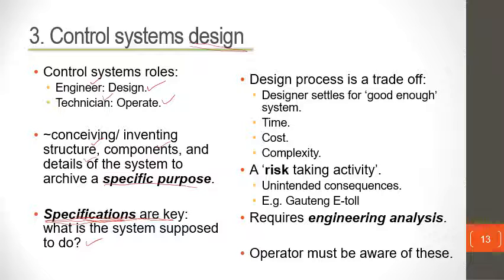So the design process is a process of trade-offs. You may want, for instance, to design the perfect car which drives itself, which has tires that never wear out, which has fuel that never runs out, and so on and so forth.